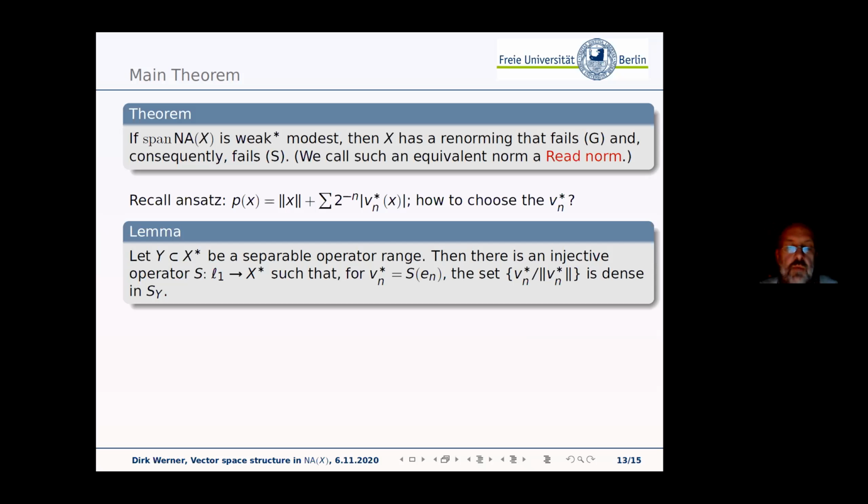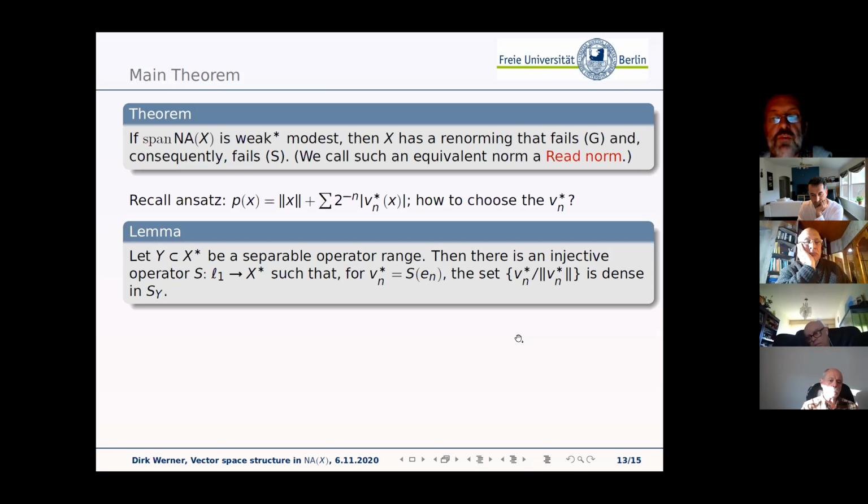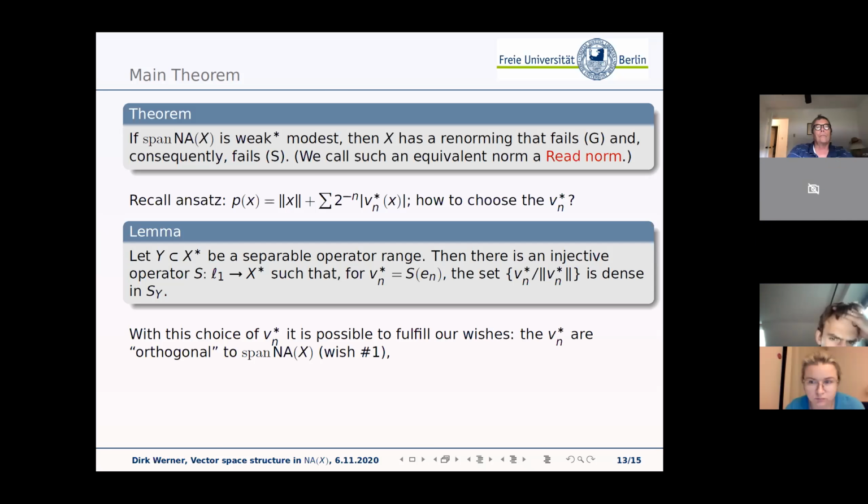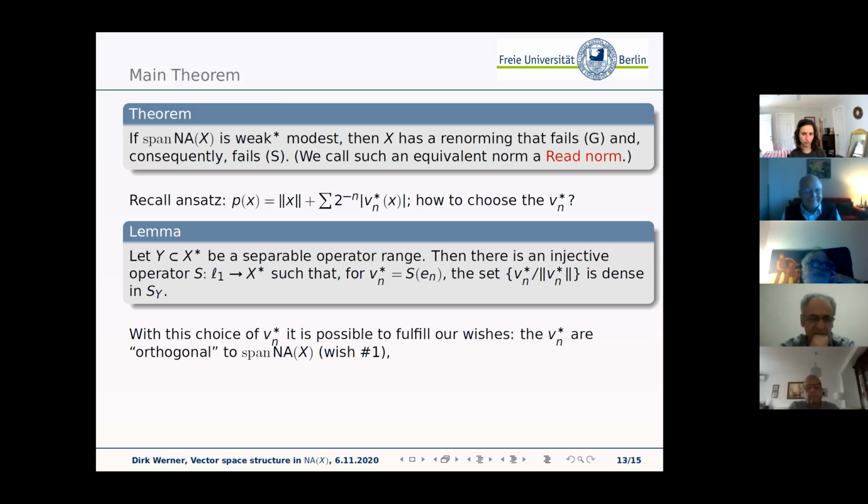So first of all, by this modesty assumption, there is such an operator range, and by the lemma, there's a better operator range. And with these Vn stars, we will work now. So first of all, the Vn stars come from the operator range, and the operator range was disjoint from the span of the norm-attaining functionals, and this was more or less what we were wishing in wish number 1.